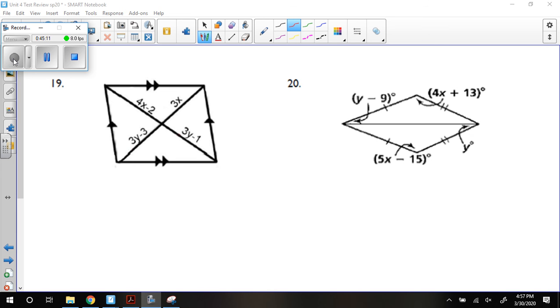Number 19, the only markings on this picture that can tell me what it is are these arrows, and those arrows mean parallel. So this is just a parallelogram. Okay, and if you look, we are told some stuff about the diagonals, and in a parallelogram, the diagonals bisect each other.